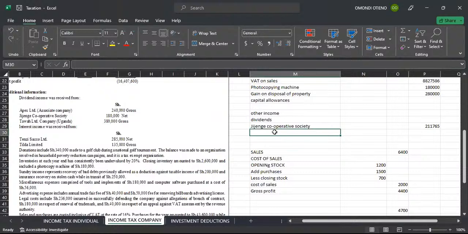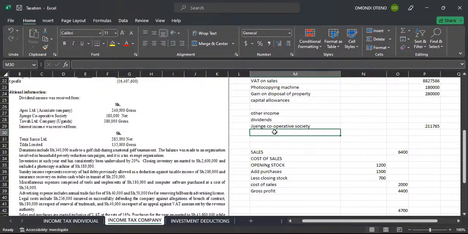Then we come to the next company still under dividends. We have Tower Limited company in Uganda. So these people have done foreign investment. The investments in foreign countries or outside Kenya are also exempted from taxation.